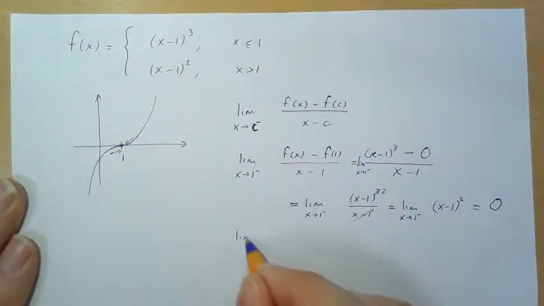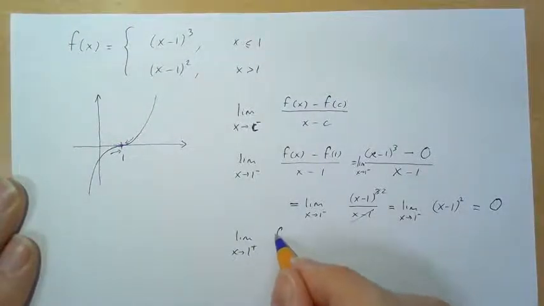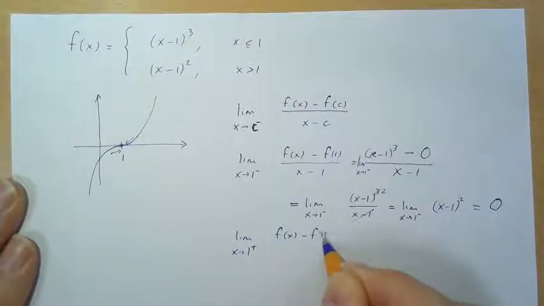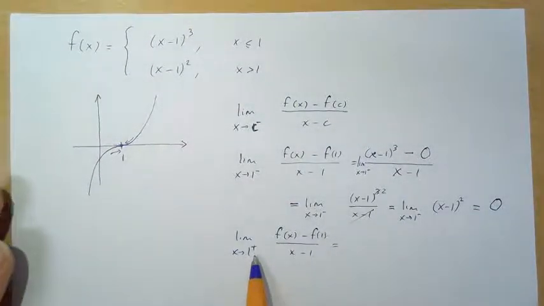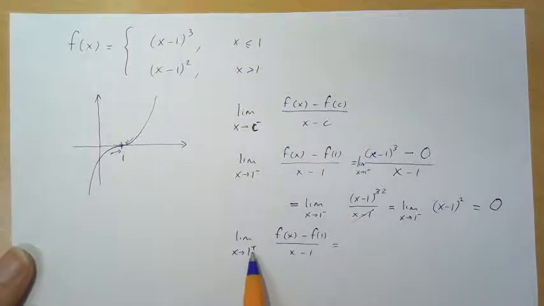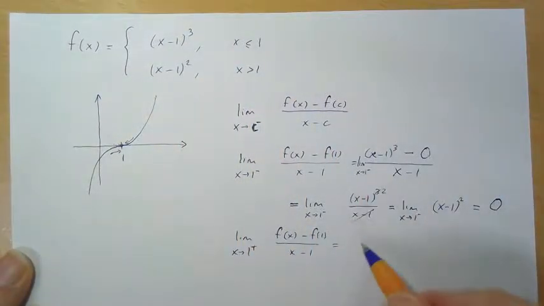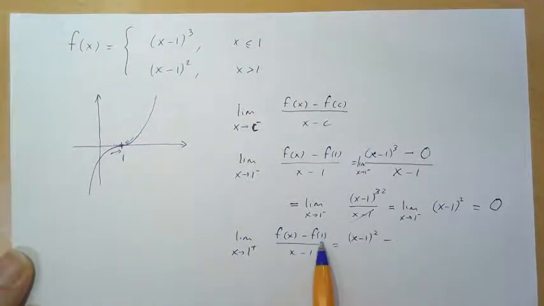So the limit as x approaches 1 from the positive side is also the same quotient. But this time, since we are taking values that are above 1, we need to follow the second rule. So it's (x minus 1) squared minus, what is f of 1?